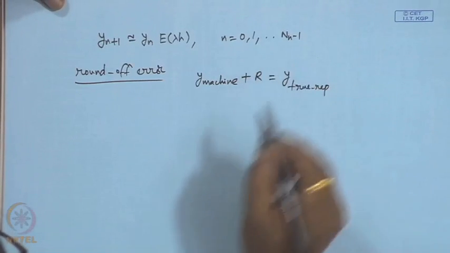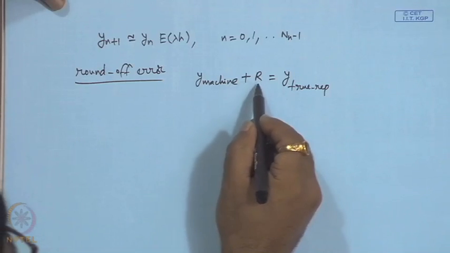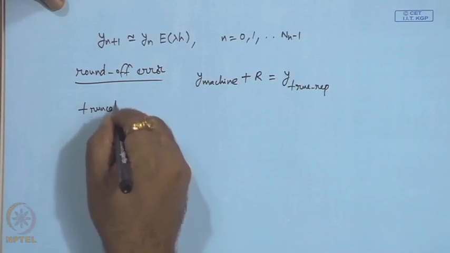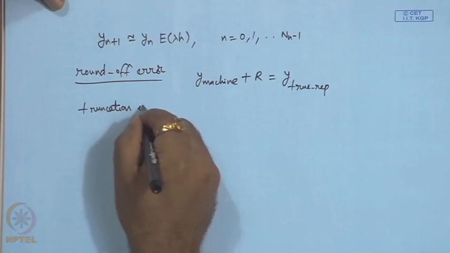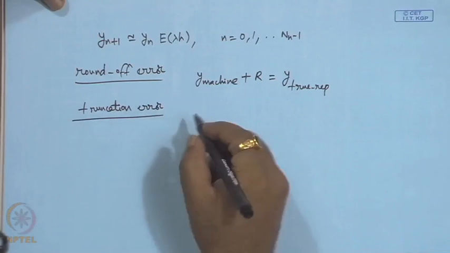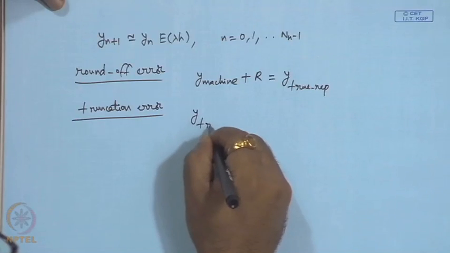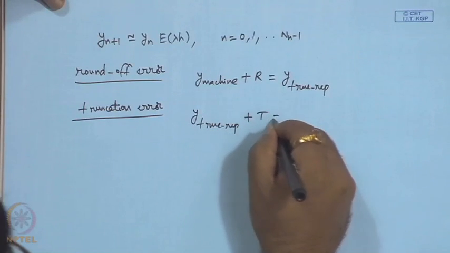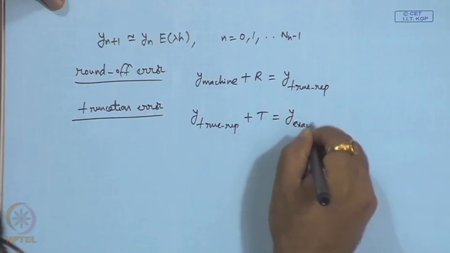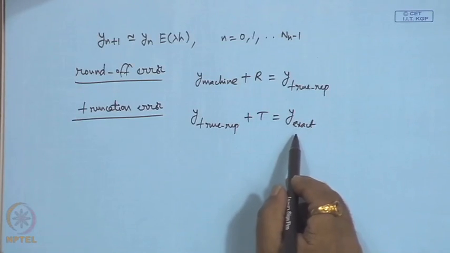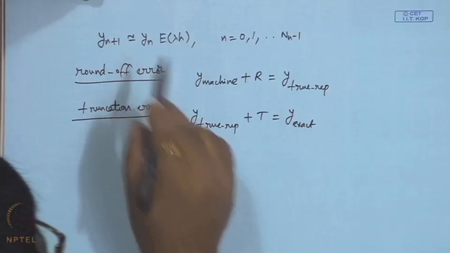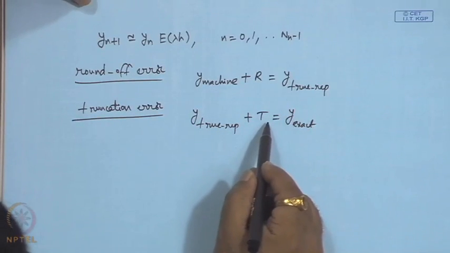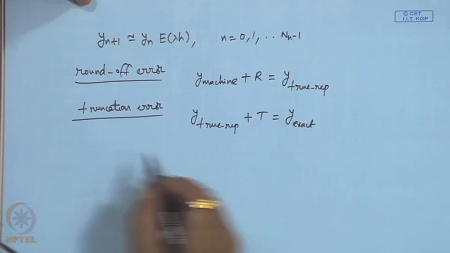Okay. So, this is the round off, because of the machine restrictions we are rounding off, and truncation error. So, y true representation plus t is y exact. So, that means we are expecting something exact, but we are representing y by an approximate formula and we are throwing some terms. So, that is the truncation error. Okay.